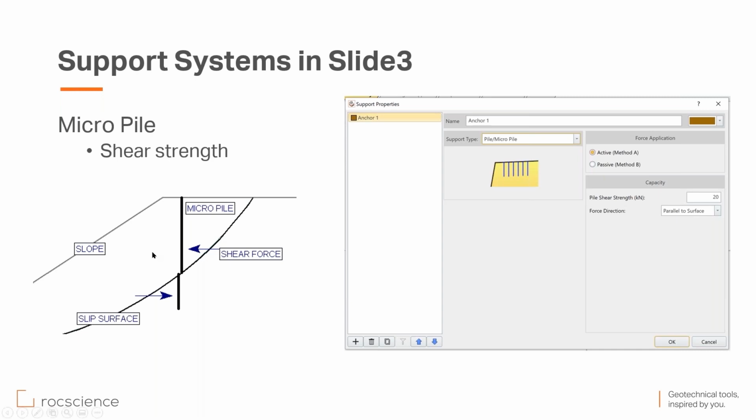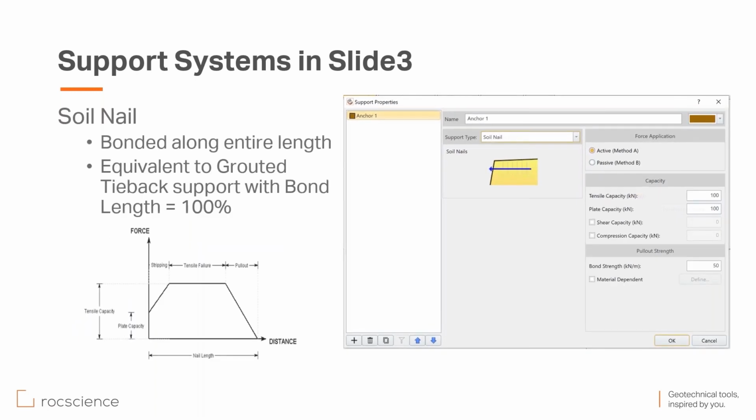As you can see here, this is the direction, and the load is transferred to the support direction, compared to the other ones where the force of the support is parallel to the support direction. Another one is soil nail support. You can use it to model soil nails. The bonded length is 100%, so it's bonded along the entire length, equivalent to the grouted tieback with a bond of 100%.